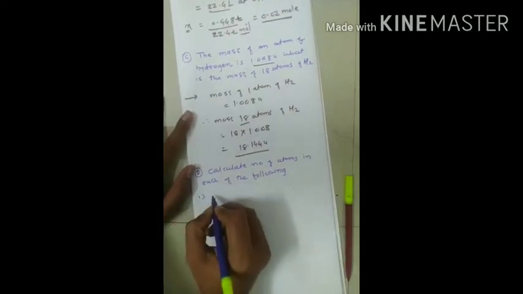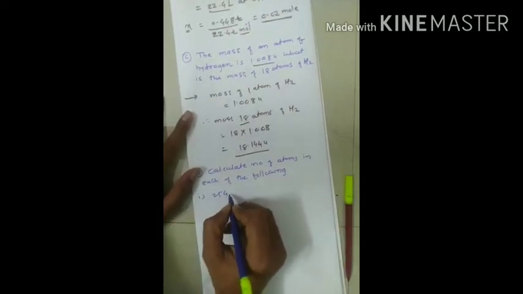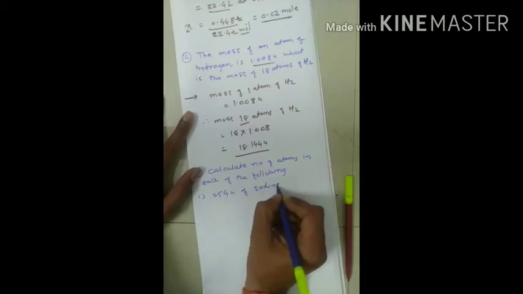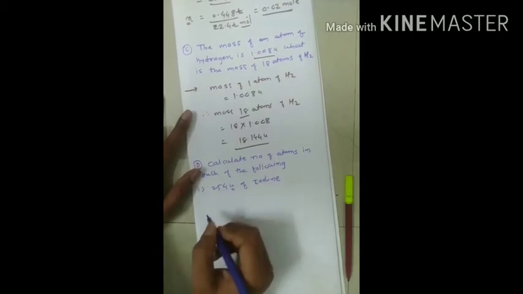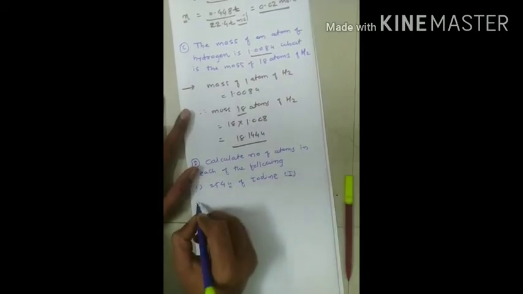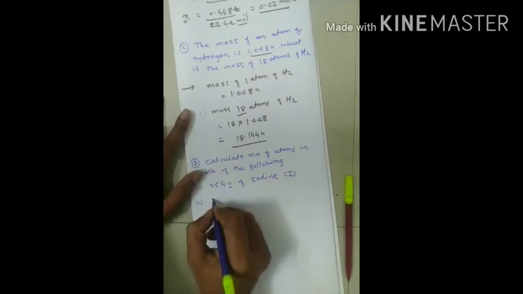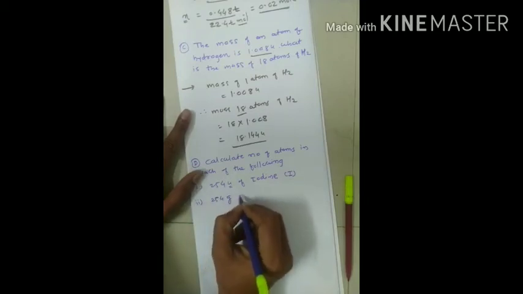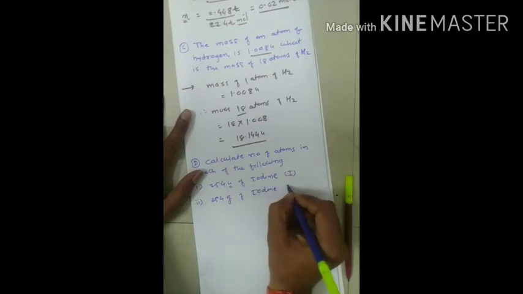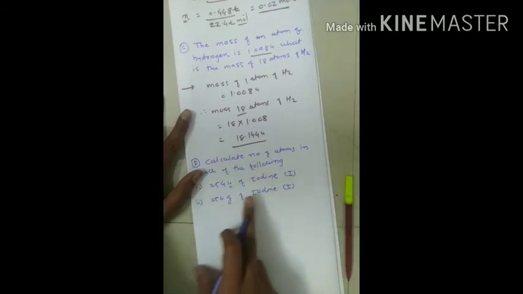The first is 254 U of iodine, or we call it AMU, isn't it? That is I. And the second one is 254 gram of iodine. You have to find the number of atoms in iodine.